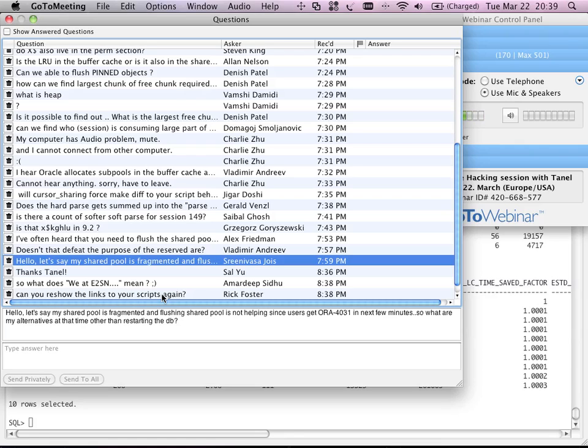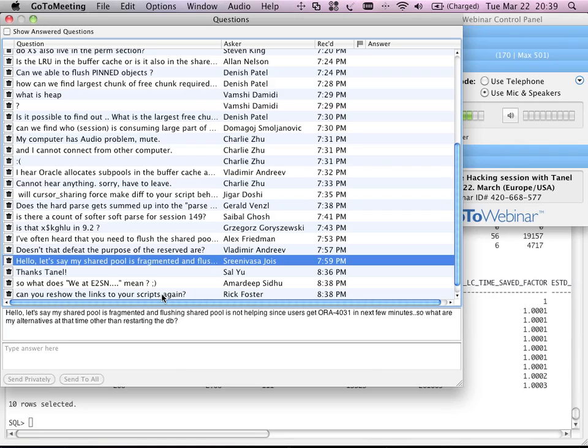But flushing the shared pool may help you the first time or the second time, and in some cases it may continue to help you stay below this critical mass of fragmentation. But sometimes you flush, you cause all this parsing trouble, but things don't get better, because your shared pool is so full of pinned small chunks which cannot be flushed out anyway, or you have some other bug or memory leak in the shared pool.